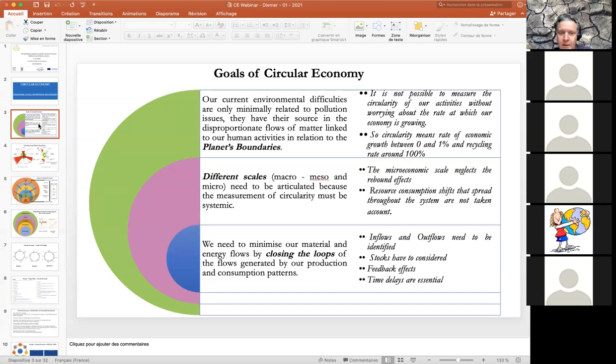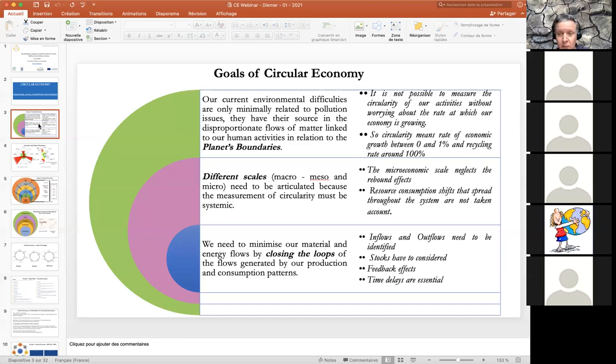The second one, which should be a corollary of the first one: if you mean that circularity is connected with a very low rate of economic growth, I should expect a rate between 0 and 1%. You need to recycle a lot. And for the moment, the strategy in Europe and in many countries is to recycle a lot.